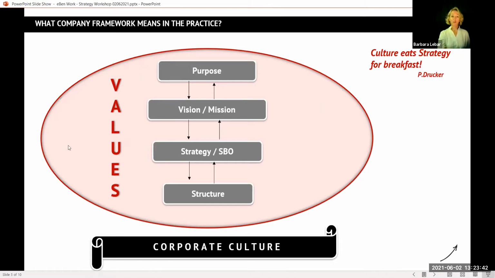We would have two such circles. We would have your environment, your corporate culture that you are living at the moment, and we would have another company's corporate culture as well. So now, how to merge both together? Probably none of the companies would be willing to give up all the values that they have been living.